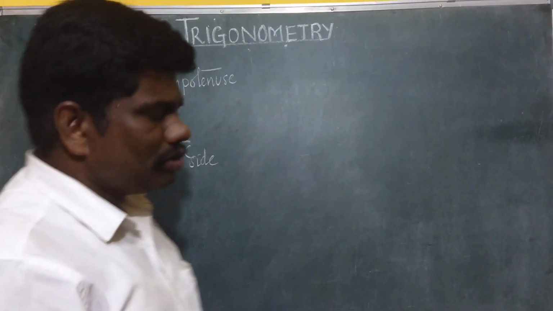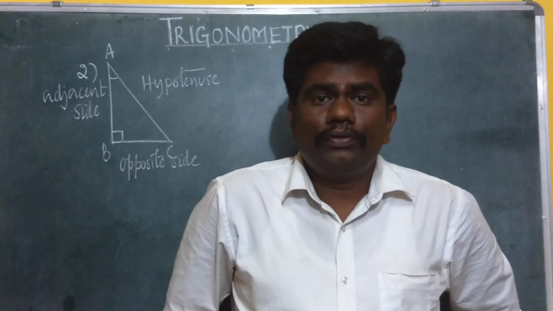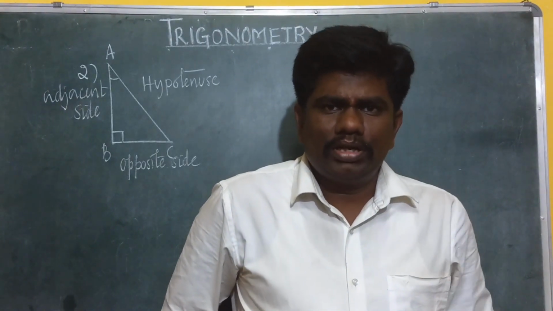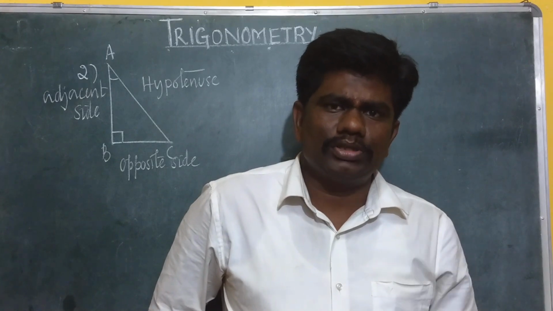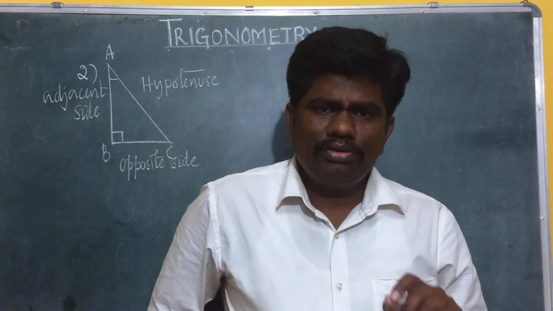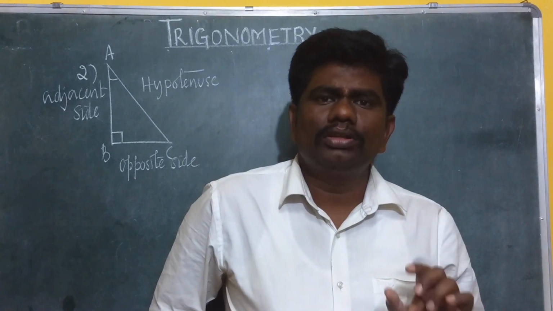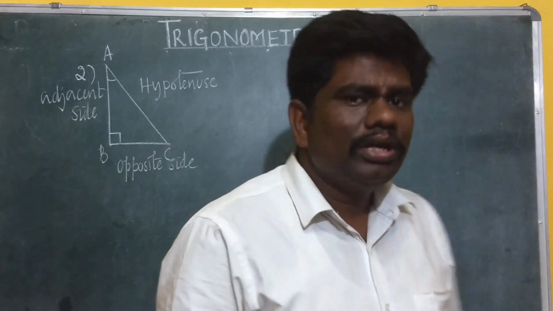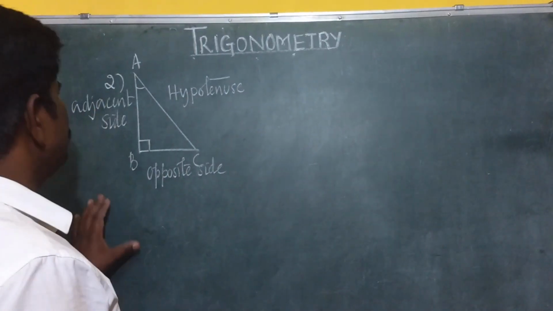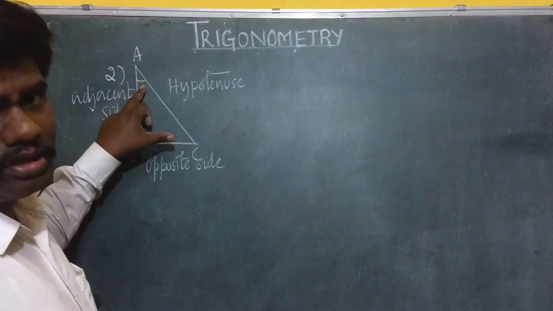So whenever you want to write trigonometric ratios, first you have to learn which is the hypotenuse and which is the opposite. Then only you will be able to write the definitions of all those 6 trigonometric functions correctly. In this example, I am going to write the 6 trigonometric functions in terms of angle A.